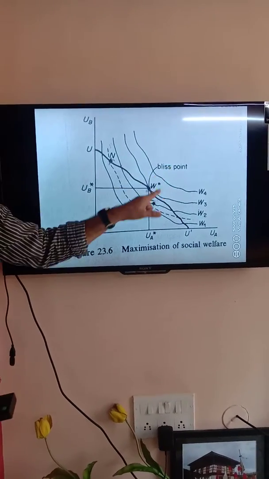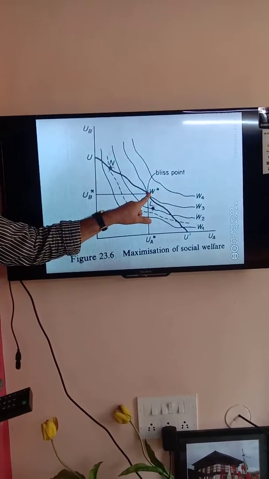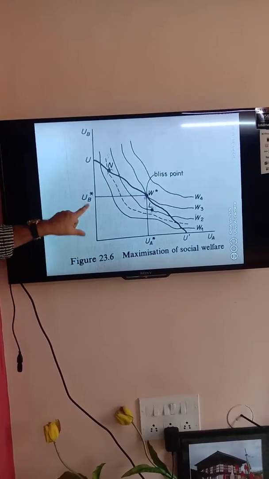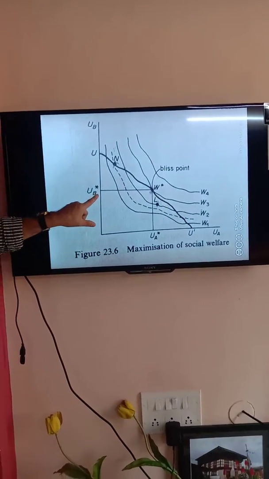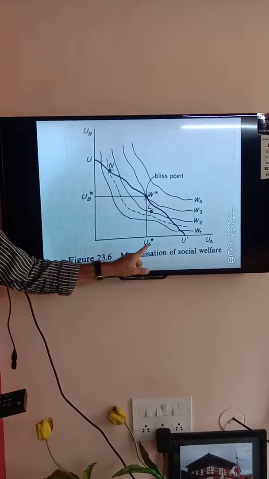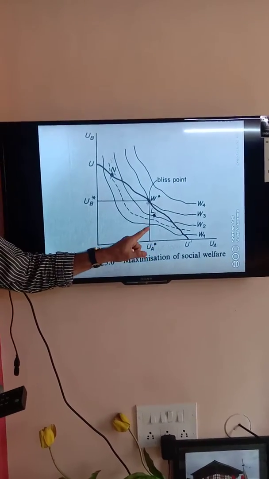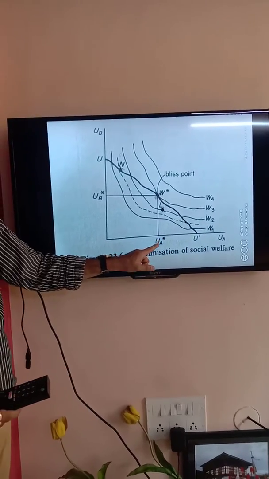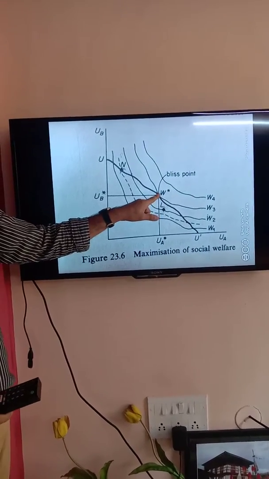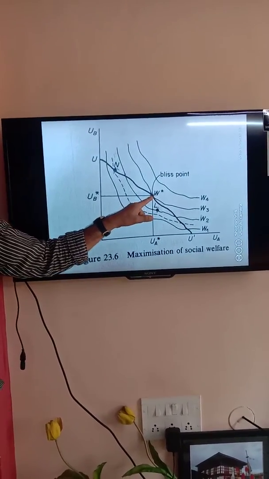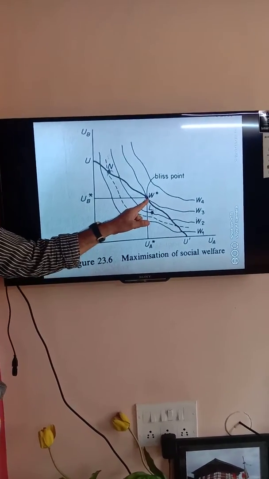That's why it is called the bliss point. Okay, and corresponding to this UB star is the utility derived by individual B, and UA star is the utility level derived by individual A. So at this point, the Pareto optimality condition is satisfied, as well as social welfare is also maximized.